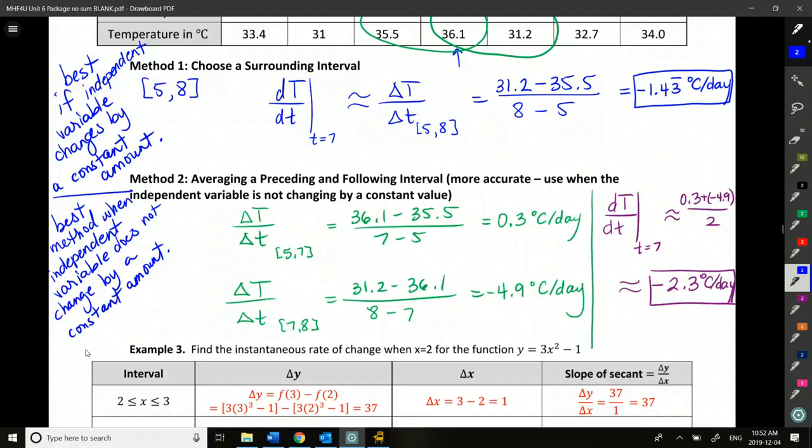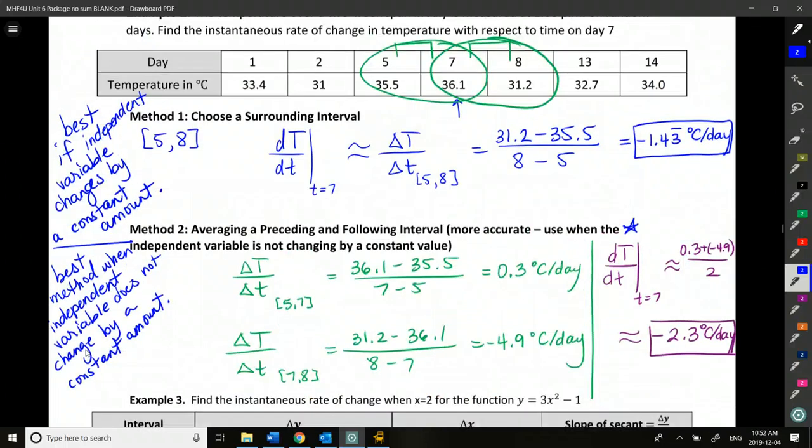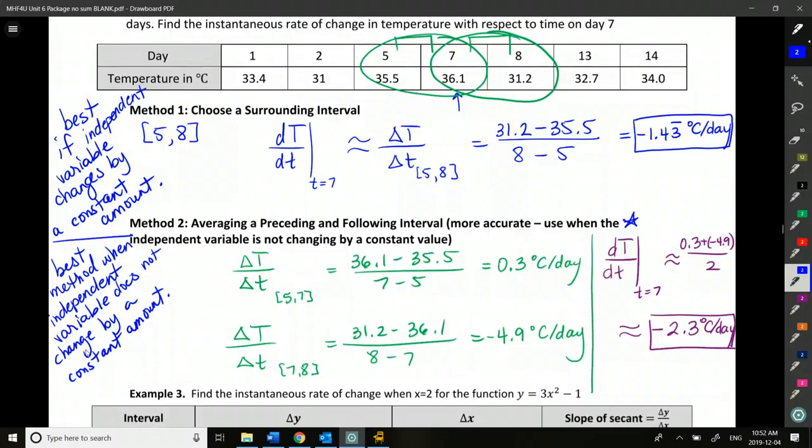This one in this scenario is our best method because our variable for days is not changing by a constant amount. If your variable is changing by a constant amount, by the time you do calculations with that middle point, it's going to kind of cancel itself out anyways, and it won't really make a difference. So in that case, I would just use the surrounding interval method.